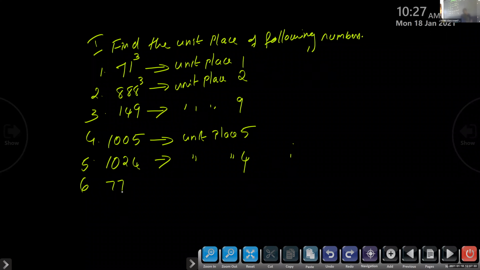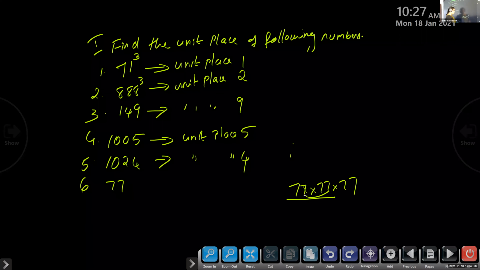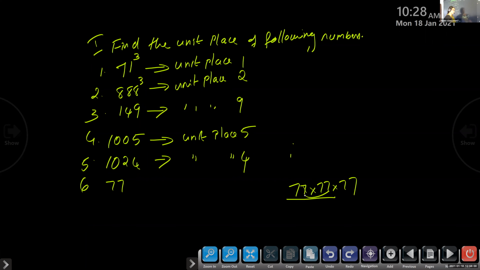How do you get 7, Joseph? Did you check it? 77 into 77 into 77. What is 7 sevens are, Joseph? When you multiply the first two 77, 7 sevens are 48. No, no, 7 sevens are what? 42.